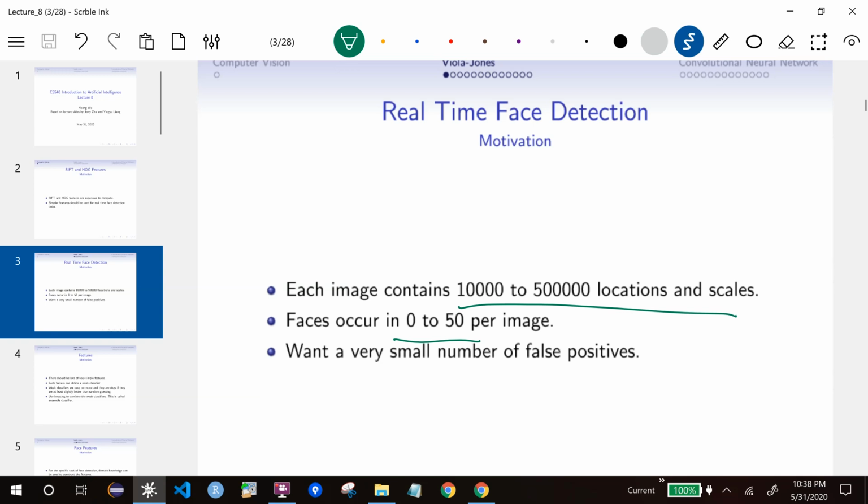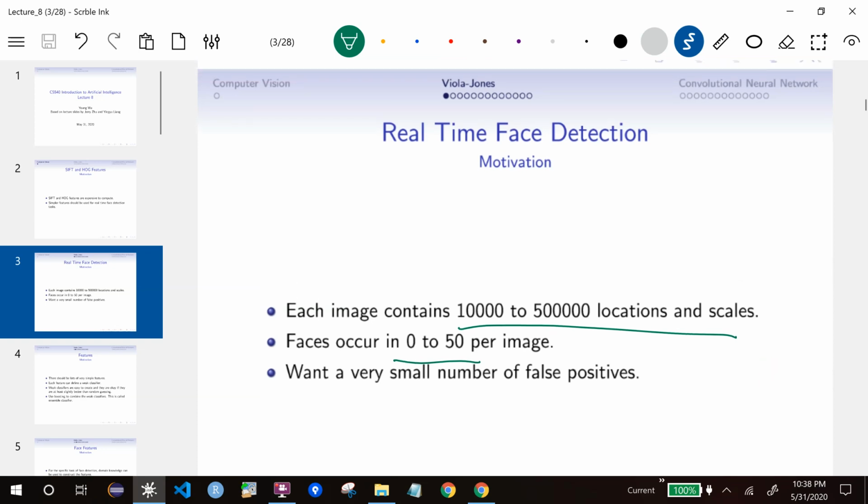We don't want to spend a lot of time on the places where there are obviously not faces. So we have these problems. In the next part, I will introduce another feature called the Haar feature, which is really, really fast to compute, and then an algorithm called Viola-Jones that uses these features to figure out where a face is in an image.